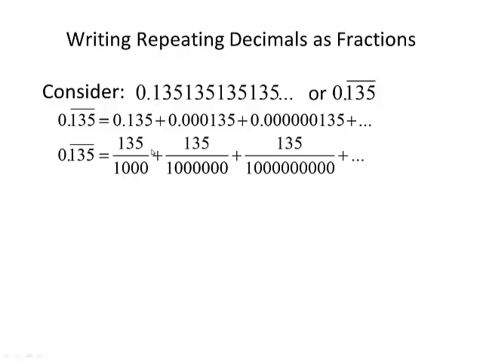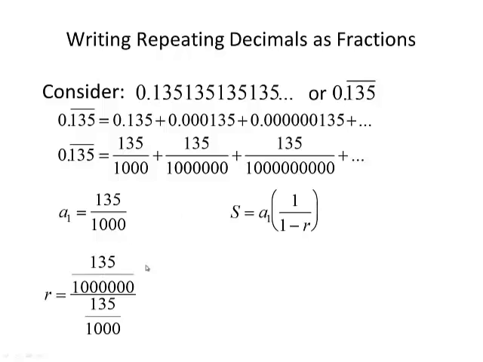Writing these as fractions, we're multiplying by 1 over 1,000 each time. So that's going to be my R. The first term is 135 over 1,000, and R is 1 over 1,000, because these reduce.